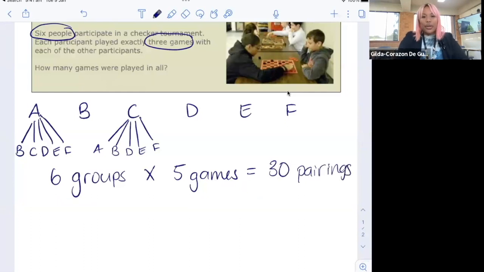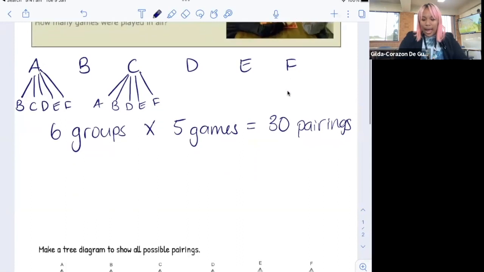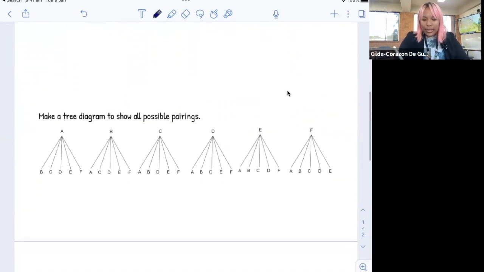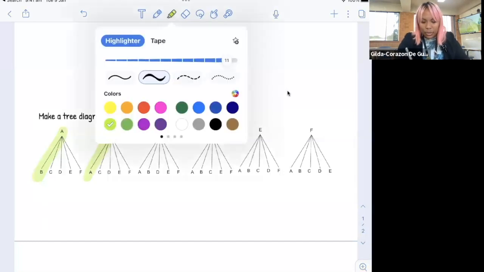Okay, so we've got 30 pairings. However, if we look at the list here, we can actually see that the pairings are repeated. One example of that is we've got A and B, which is repeated here, B and A, the same thing, A and B. It's literally the same thing, just switched positions.